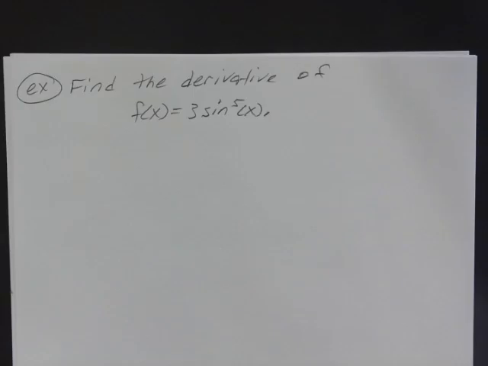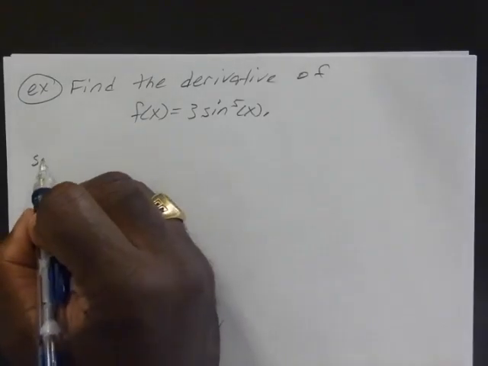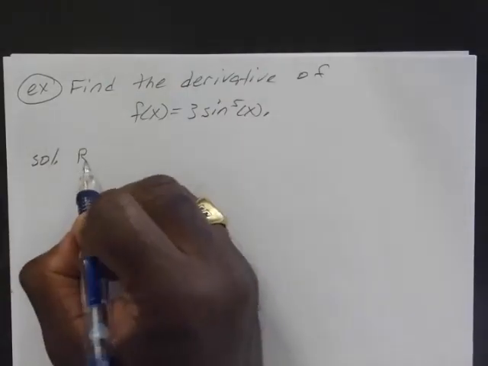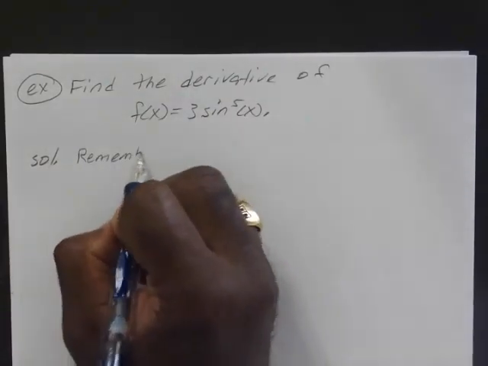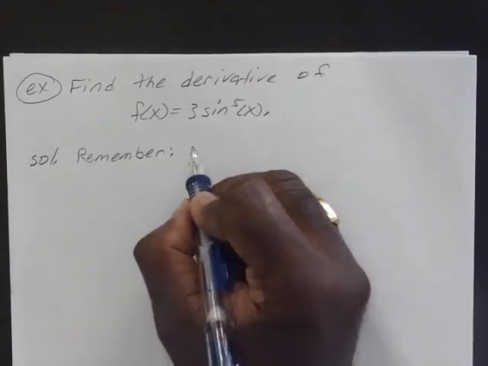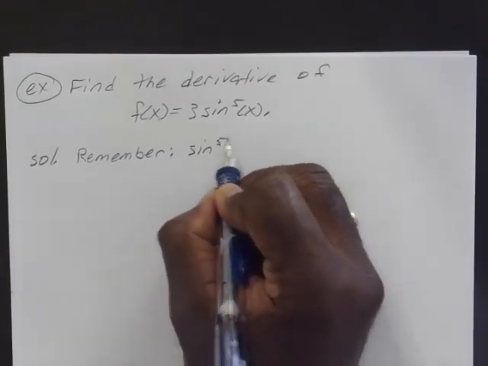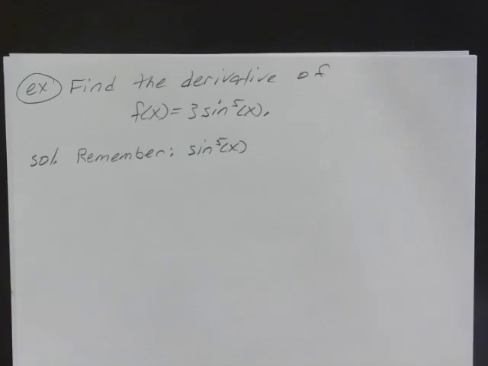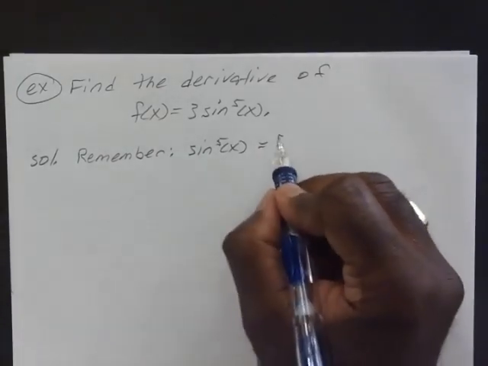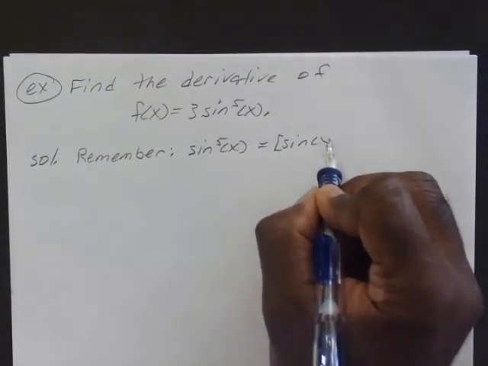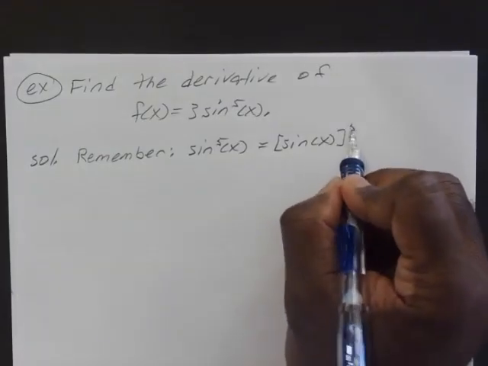Now, the easiest way to approach these is to just rewrite it. So you can rewrite this as sine of x to the fifth power.